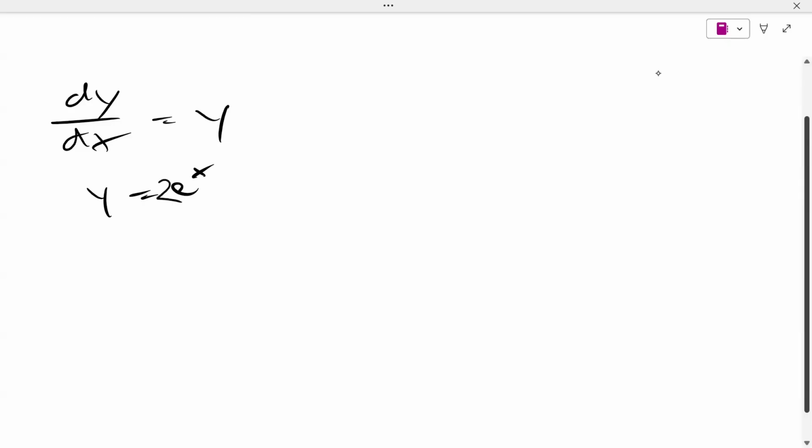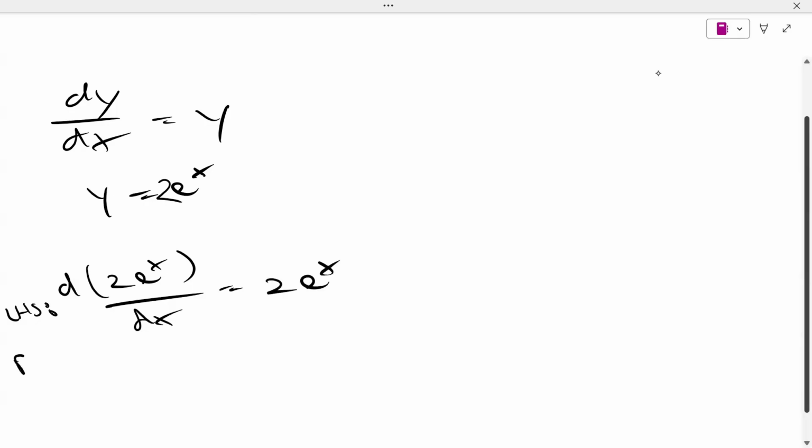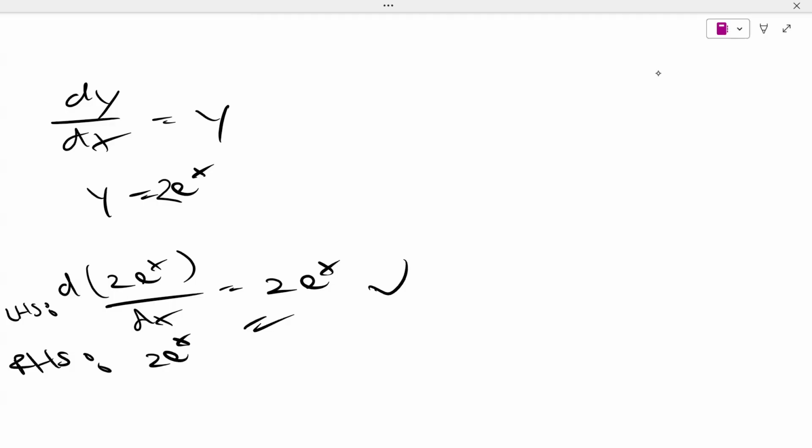So 2e to the x. Let's try. The left-hand side is the derivative of 2e to the x. That's just 2e to the x. And the right-hand side is just 2e to the x. So they're the same. Yay. So that's how we guess differential equations.